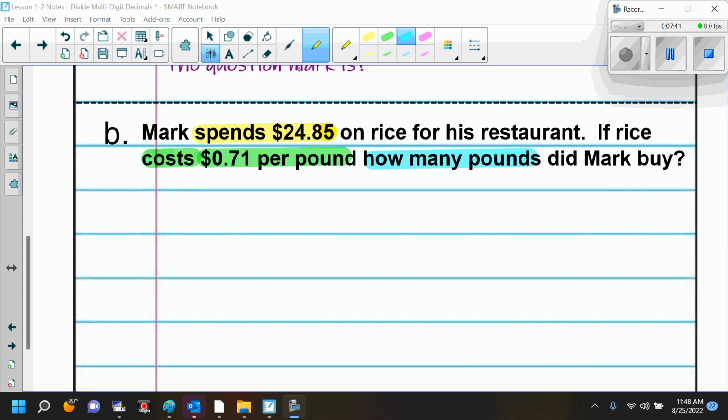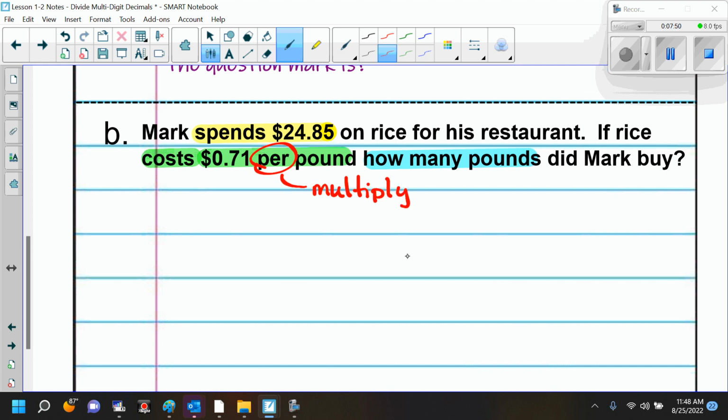Good. Per, as you remember from yesterday's lesson, means that we're going to multiply. So here, follow me. This says 71 cents per pound, right?